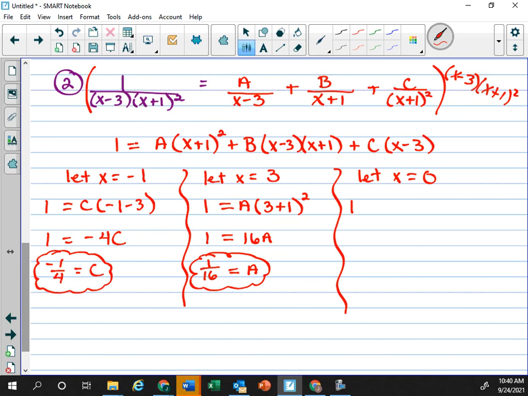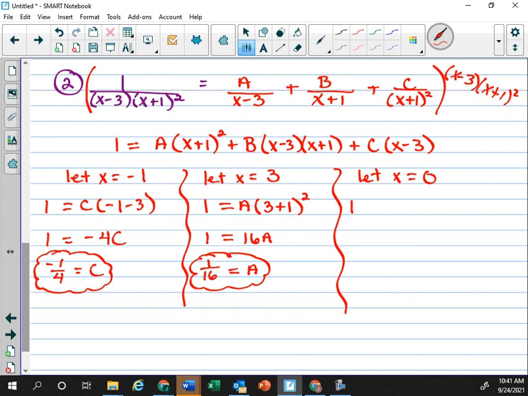Now, x equaling 0 does not actually eliminate any of the a's or b's or c's. But do I know what a and c are? Yeah, so I can substitute those in as well so that the only unknown in this whole thing is b.